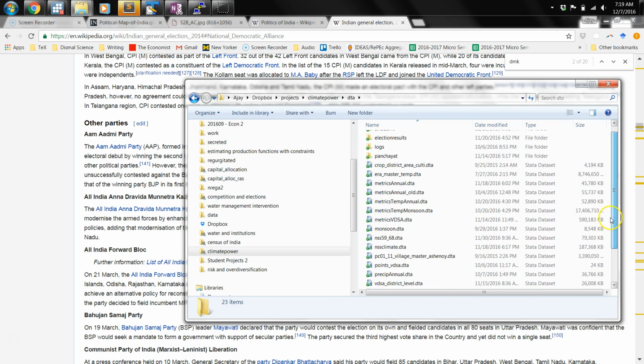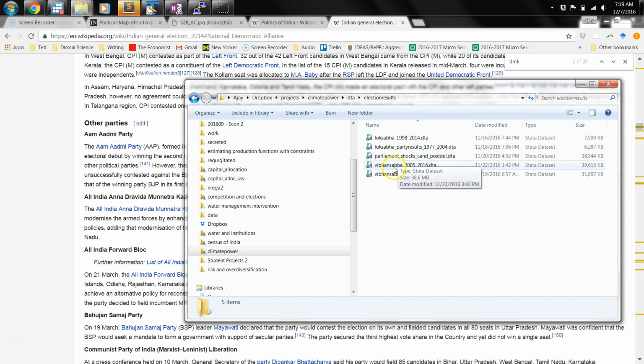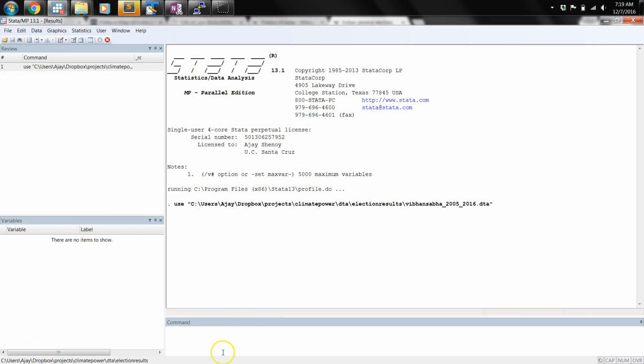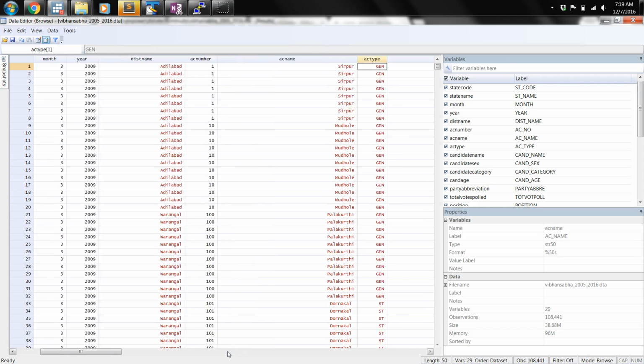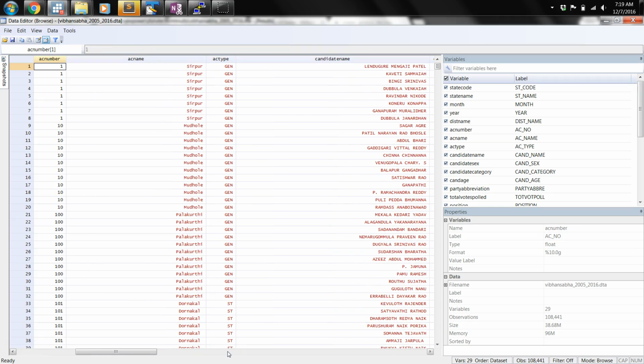So what that means is, let's take a look over here. You can see here we have an assembly constituency, AC type. And so this AC type tells you the reservation status. So this assembly here, Sirpuru, is general, meaning anybody can run. It doesn't matter what your caste background is.